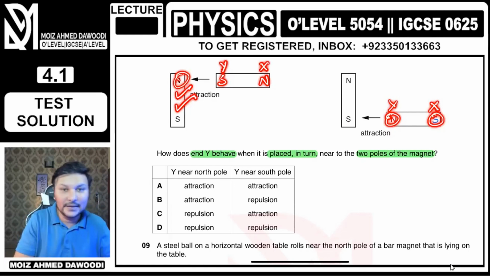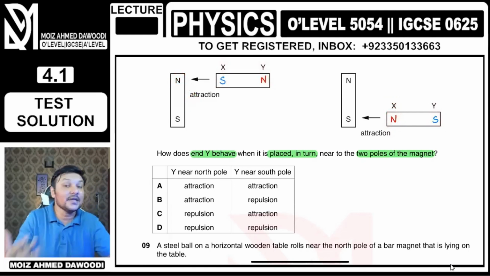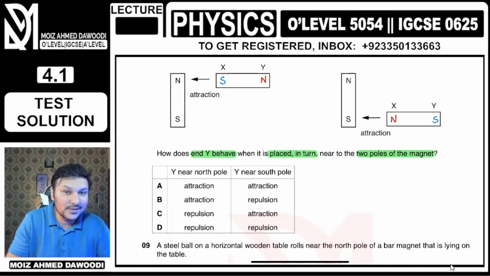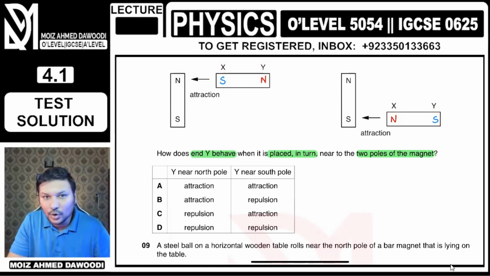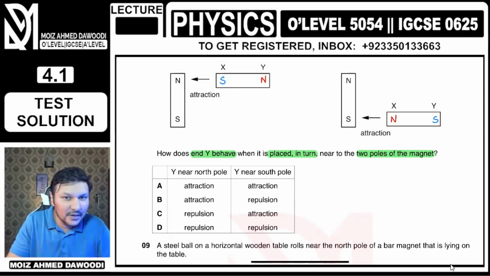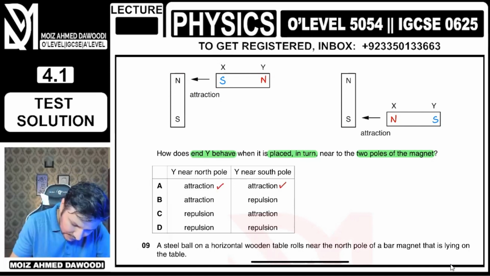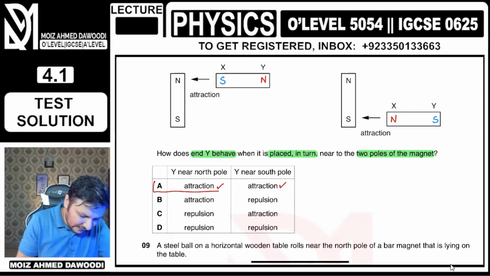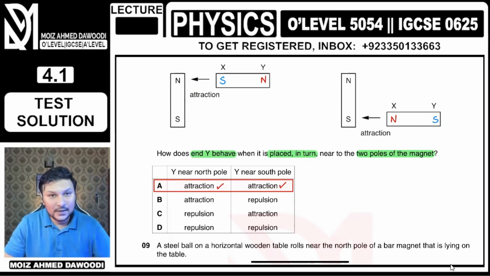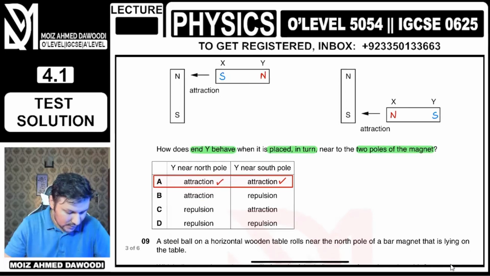This magnet decides where to place north and south. Getting my point? So in both cases, whichever side you place near the magnet, since it is iron, it will always be attracted. So we have found the correct answer in the first place. A is the correct answer for question number 8.